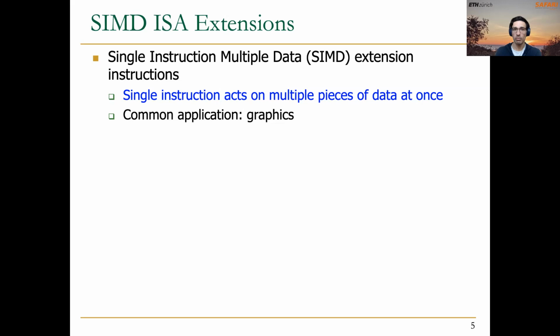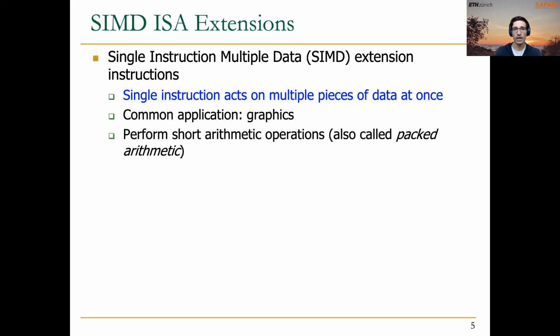We perform the same operation on all the pixels. We can make this more efficient, we can make this faster, and we can operate on multiple of these pixels at the same time. So the idea is to perform short arithmetic operations, also called packed arithmetic, using the existing ALUs.